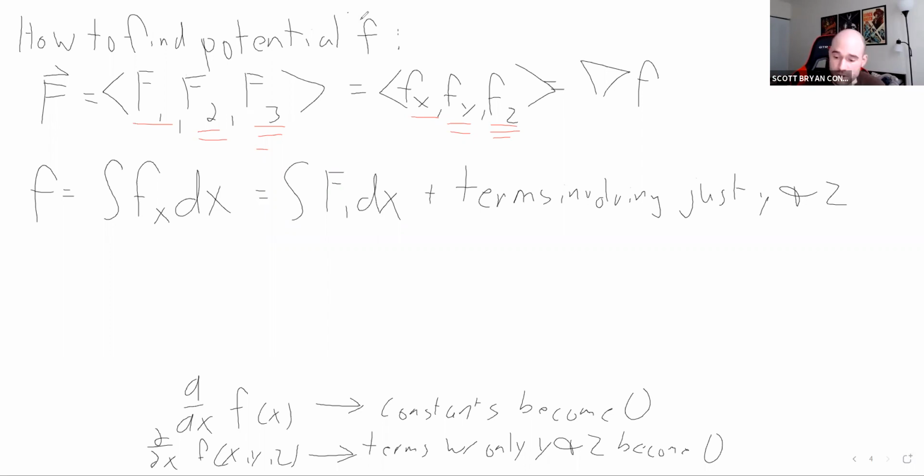There could be some terms involving just y and z, but you won't find them integrating with respect to x. But luckily, we can find those terms by integrating the second component with respect to y and the third component with respect to z.